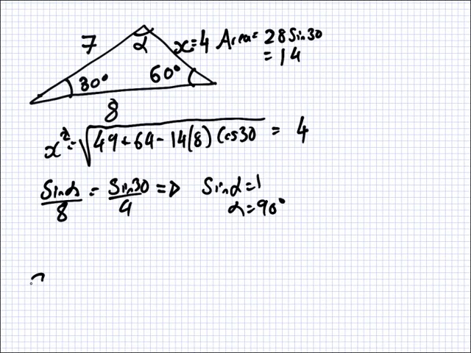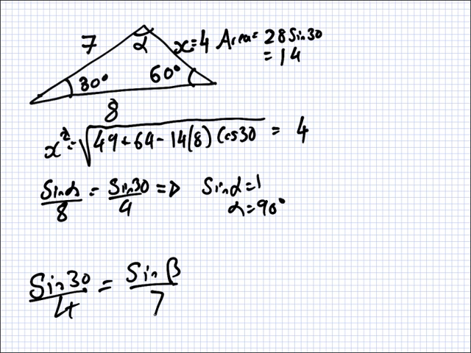You're saying sine 30 over 4 equals sine beta over 7. So that means sine beta equals 7 over 4 sine 30, right?